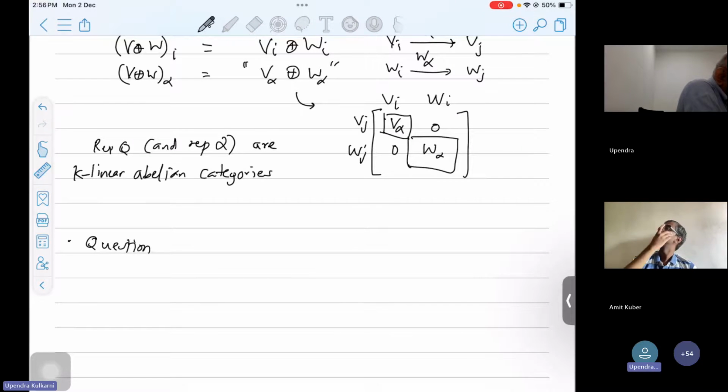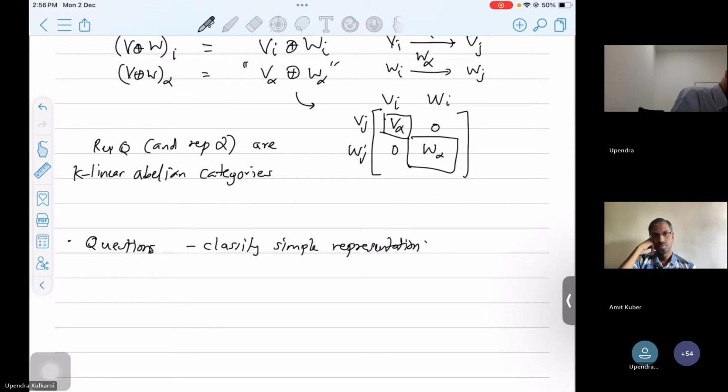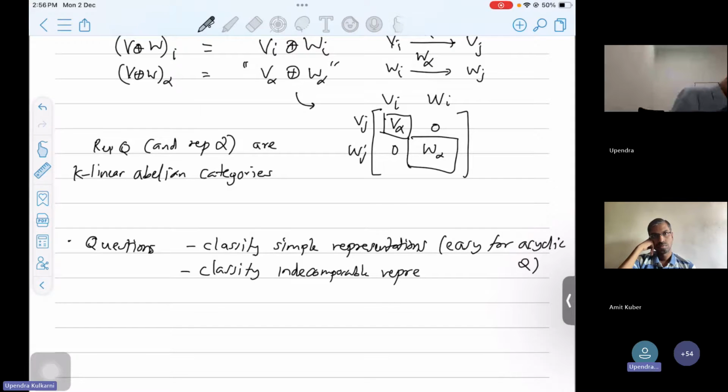Coming back to questions. Classify simple representations: easy for acyclic Q. Indecomposable representations: this is a bloody hard problem.